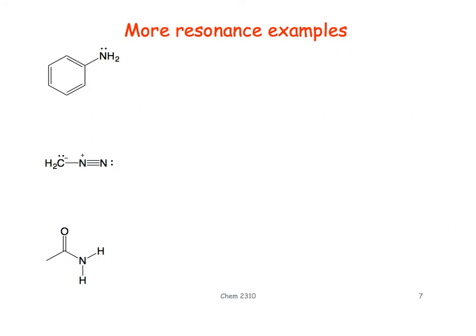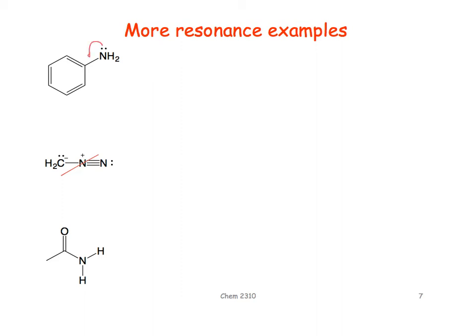All right, so let's look at a couple more here. We already did that one. So what scenario do we have, A or B, for the top structure? A, right? We have non-bonding electrons in the nitrogen next to a pi bond.